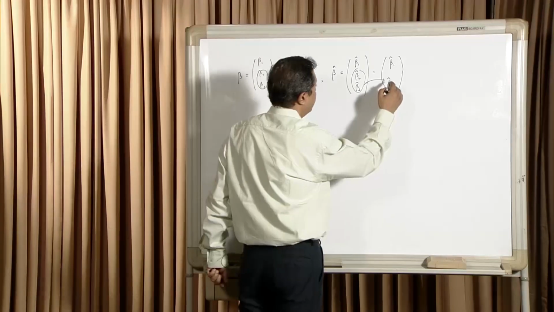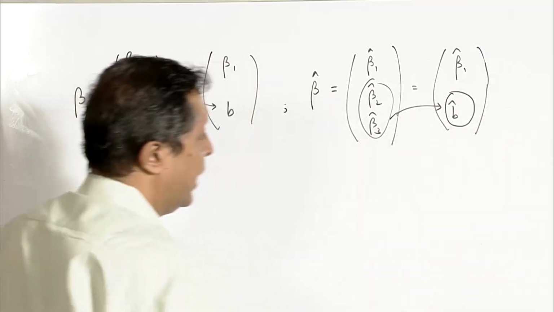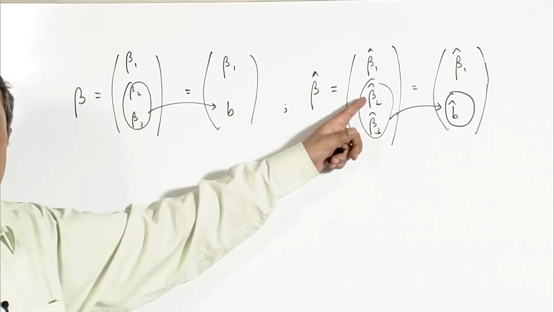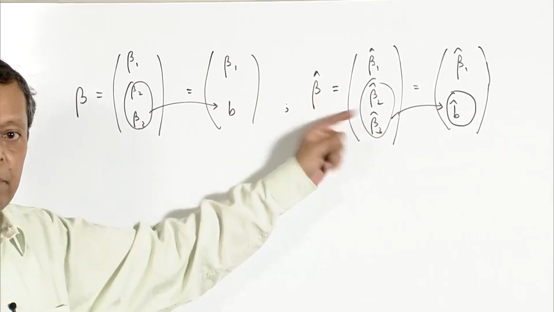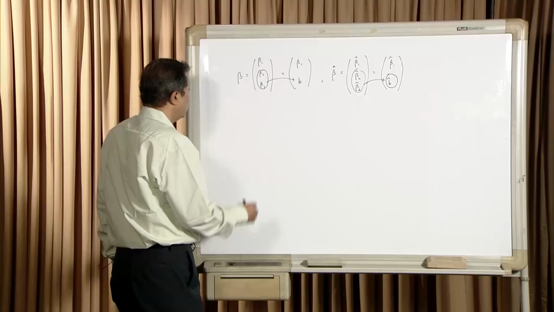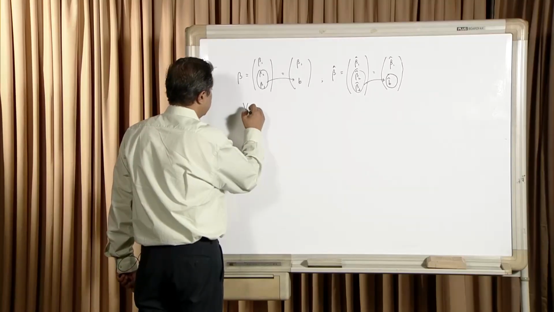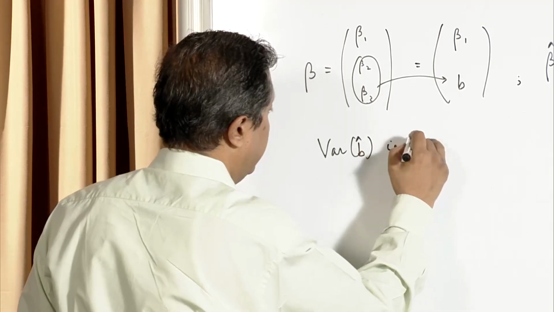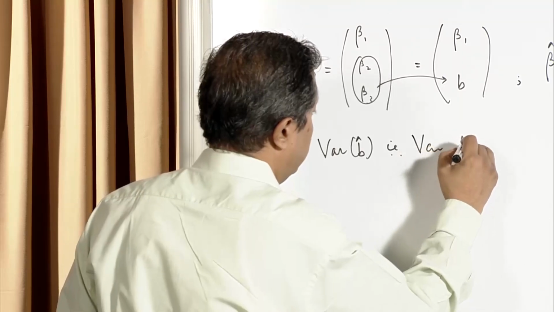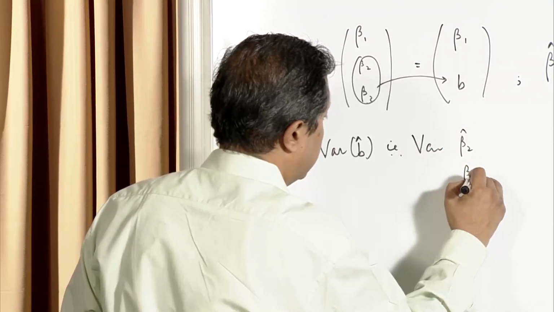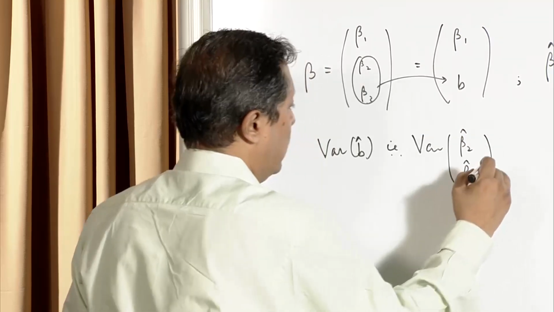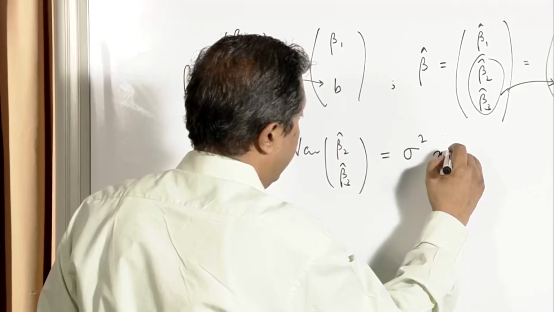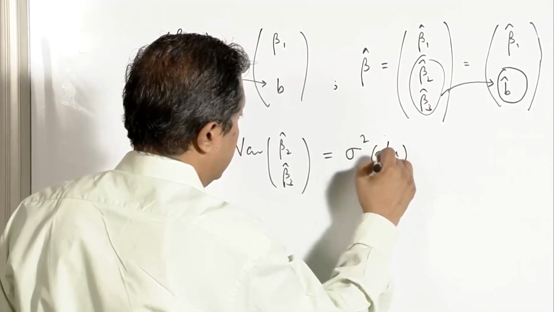What we will do is focus on beta 2 hat and beta 3 hat. We will try to find out the sampling distributions of beta 2 hat and beta 3 hat. Now, we already know that variance of b hat, that is variance of beta 2 hat, beta 3 hat, we have already seen is equal to sigma square small (x prime x) inverse.